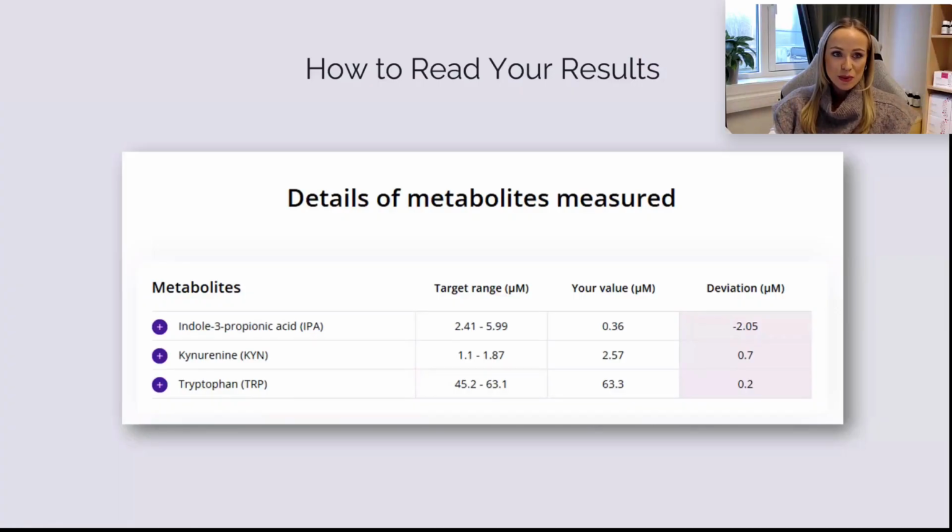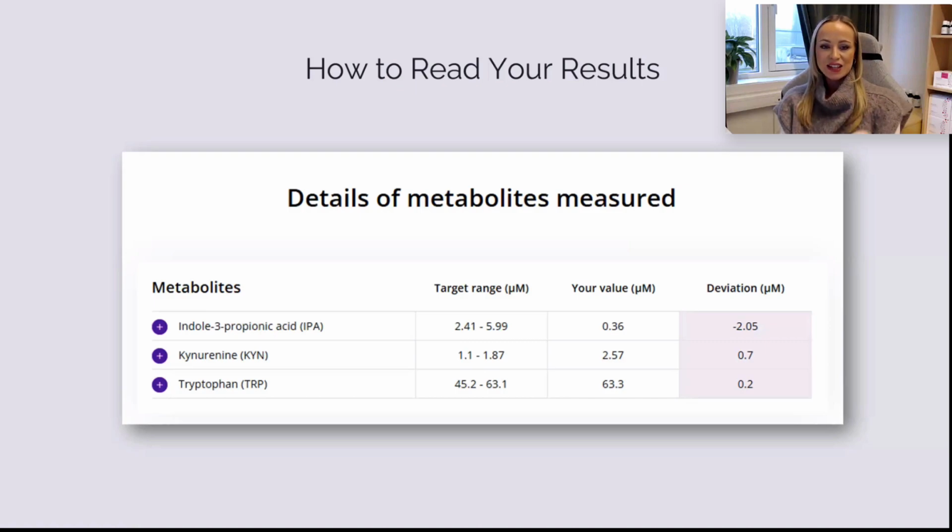But of course, it's very important to stress that in order to ensure accurate comparison, the test should always be taken under similar conditions. It should be taken fasted in the morning and preferably not after heavy exercise or excessive alcohol consumption.